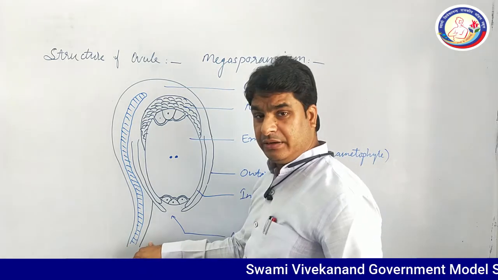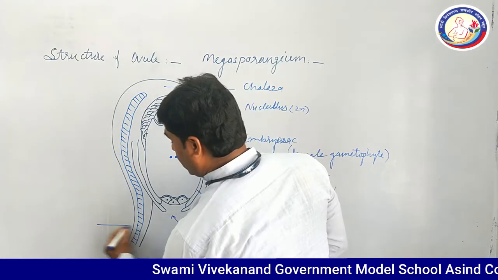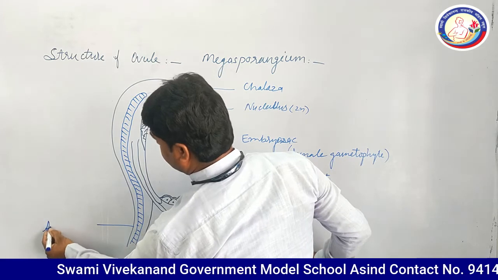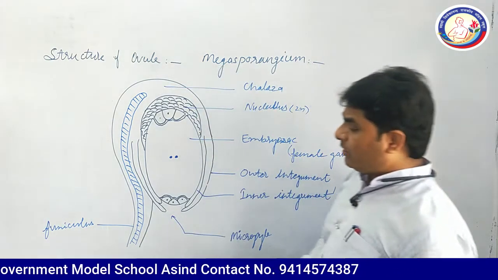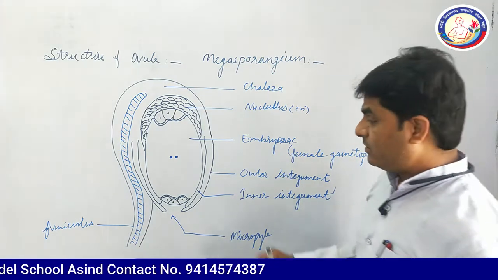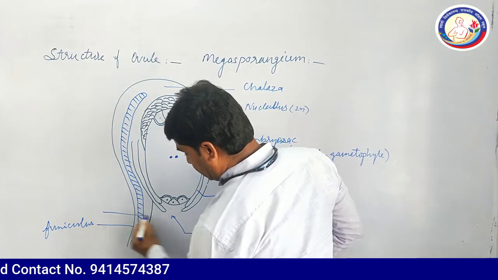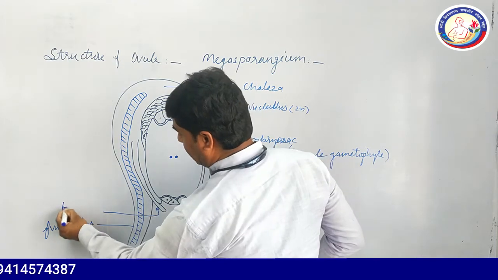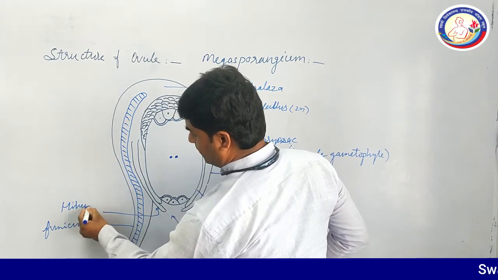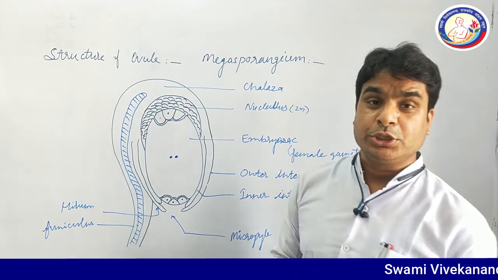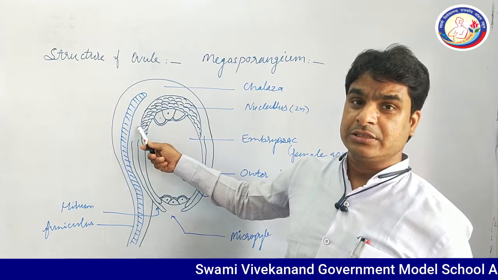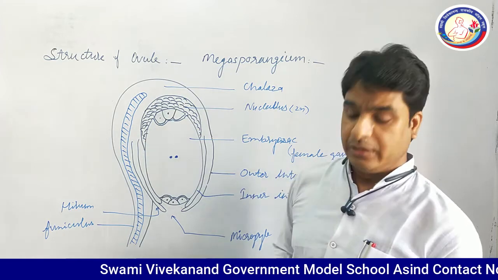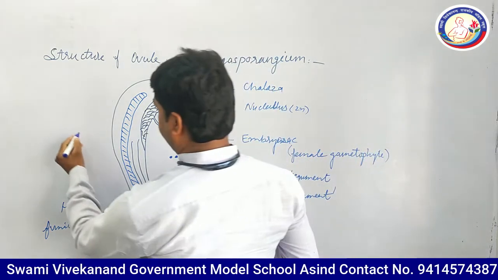This part of the ovule is known as funiculus, and it is bent here, and this part is known as hilum. The tissue that supplies nutrients, minerals, and water to the ovule is known as raphe.